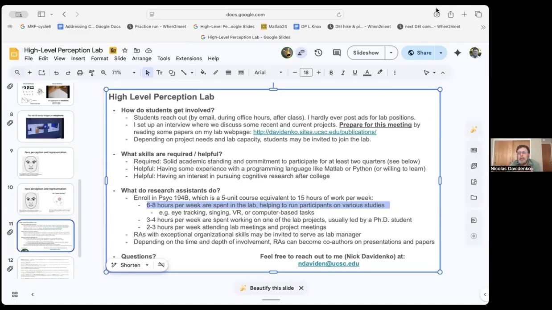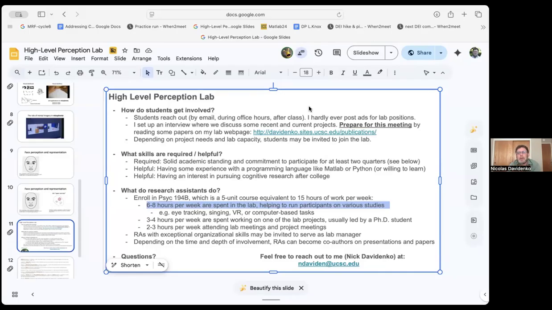The online trainings have to do with best practices for dealing with human subjects participation and data, things about confidentiality and consent and what's required for those things. But once they're trained, usually by one of the graduate students or a more senior research assistant, the main task is to be in the lab when participants come in.